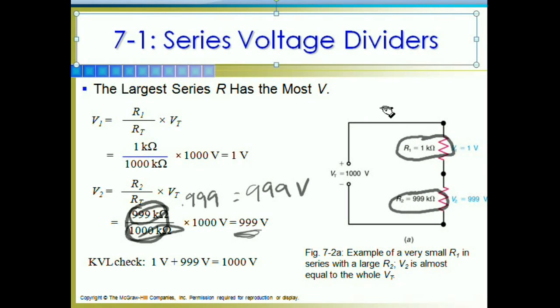So we're looking at 1 ohm versus 999 ohms. We're just changing these values to 1 ohm and 999 ohms, which is going to equal 1,000 ohms.